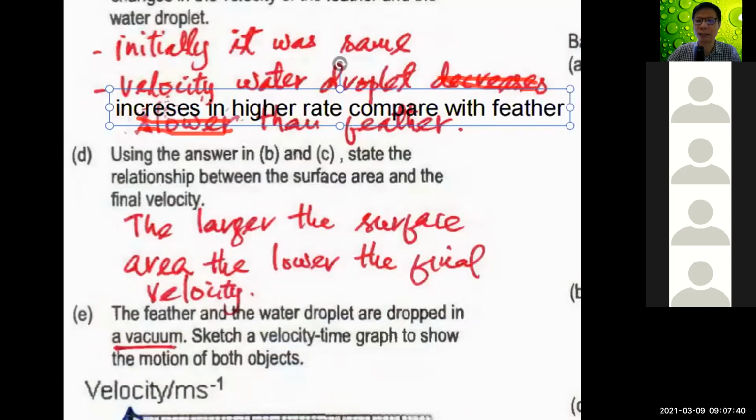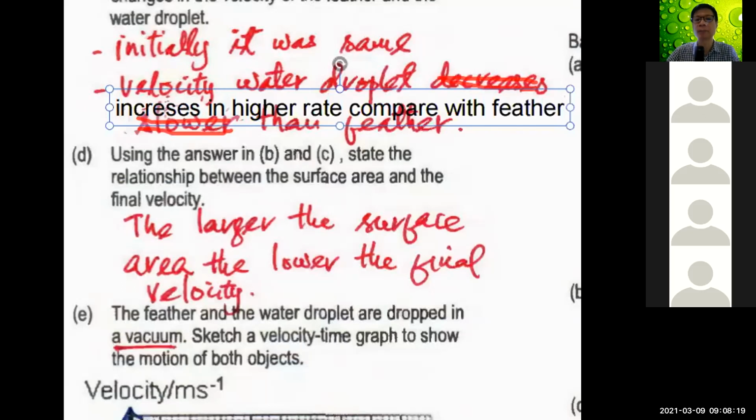I don't know how you get 1. Anyone can answer the question? What should be the gradient of the graph? Ng Ching Yong says x equals y. No. Ho Wei Ren says constant. Finally I saw a student give the correct answer. Three students give the correct answer. The gradient must be 9.8, 9.81 or 9.8. The gradient must equal the gravity.